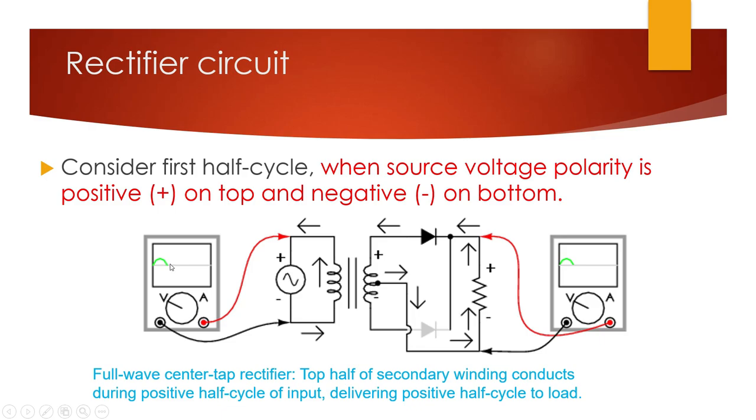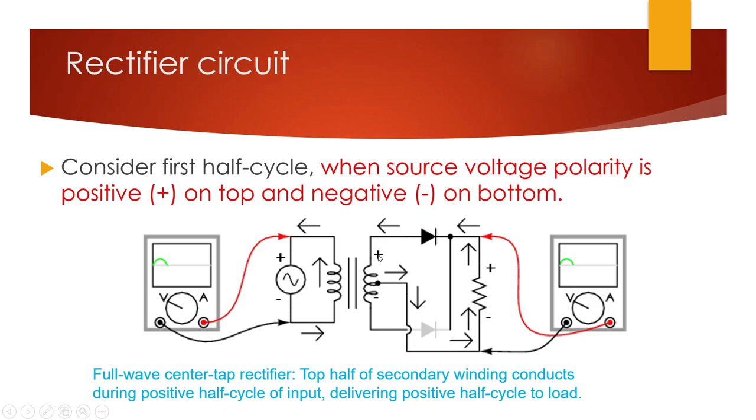In the first positive cycle of the input, we'll consider the first half cycle when the input is a positive half cycle. When it is a positive half cycle, we can see that the red wire, the top part of the center tap transformer, becomes positive. The bottom part becomes negative. Similarly, in the secondary of this transformer, the top part becomes positive and the bottom part becomes negative.